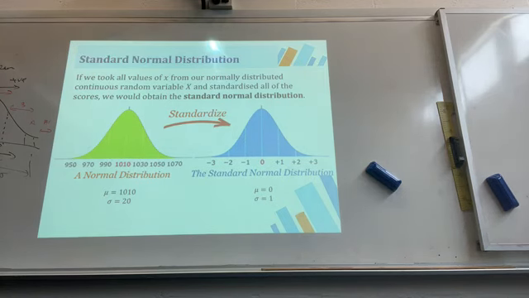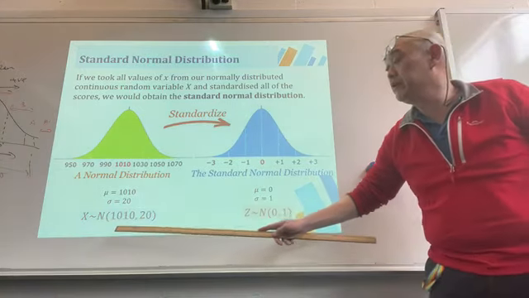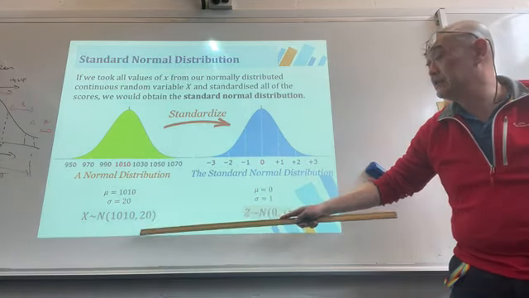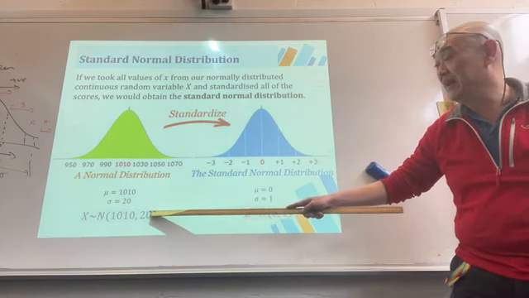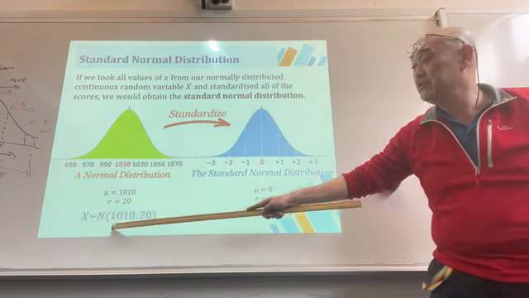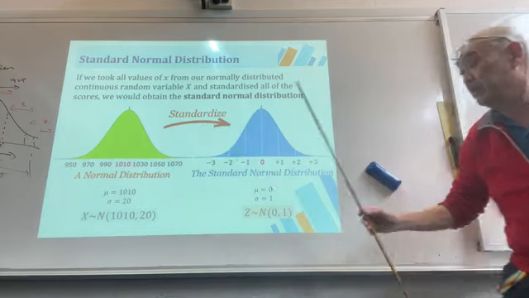Using a table. So these are the two different ways of writing it. X is normally distributed with mean 1010 and that should be 20 squared there. I missed a square. That should be 1010 and 20 squared, or 400.